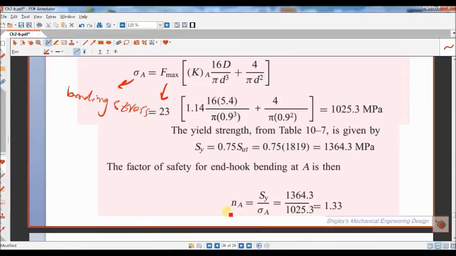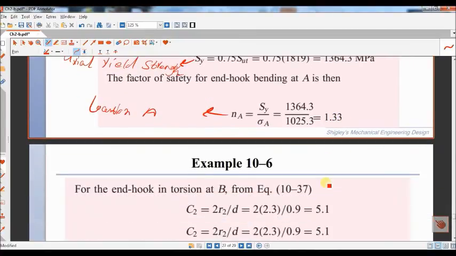So you write that the axial yield strength is 75% of ultimate strength, which is equal to 1364 megapascal. Now I can find the safety factor at location A, which is yield strength divided by bending stress, so 1.33.